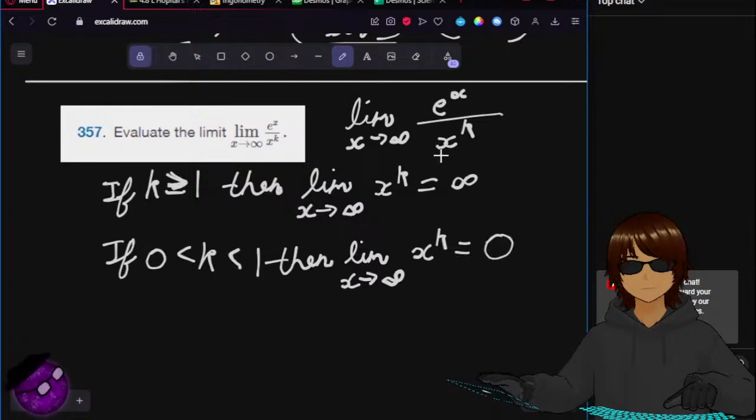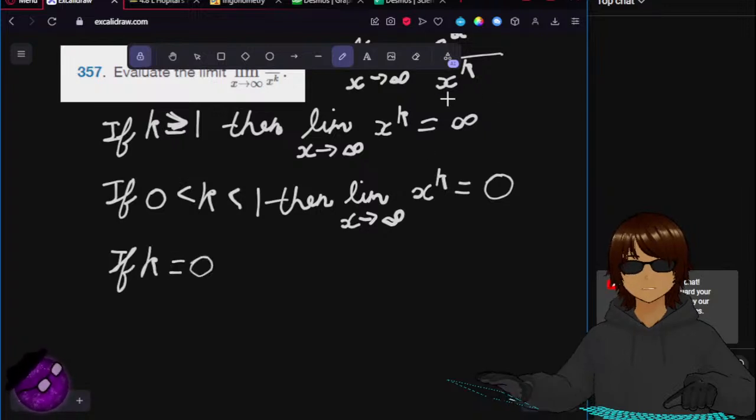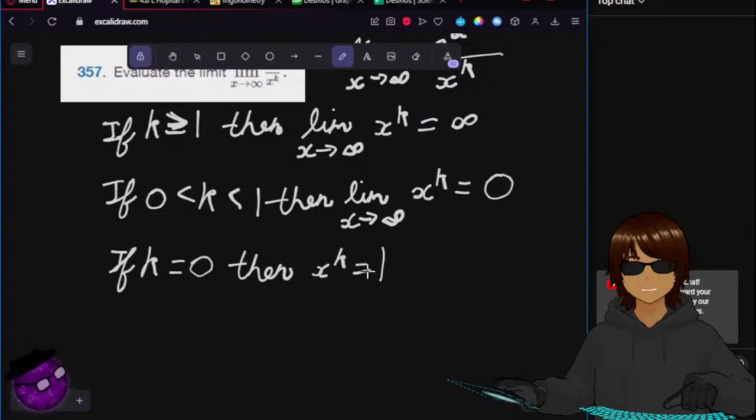Zero, because x will get smaller. If k is equal to 0, x to the power of 0 is 1, then x to the k is 1.